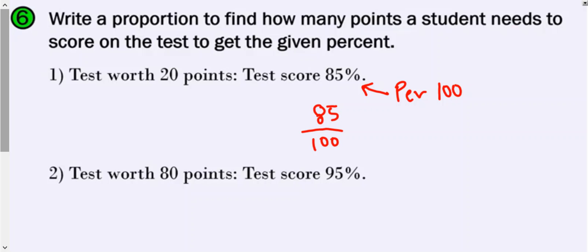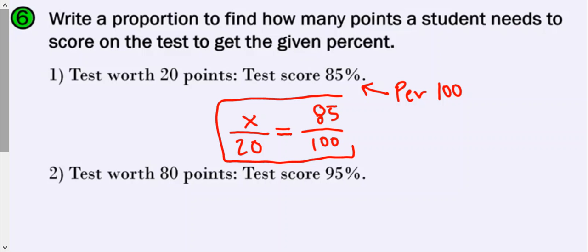Then we know there are 20 points possible, so we have a test worth 20 points, and we need to figure out how many questions we need to get right to get to 85%. So this is going to be our unknown. I'm just going to use X for the variable. Solving this proportion will tell you how many questions you need to get right out of 20 in order to get 85% on your test.